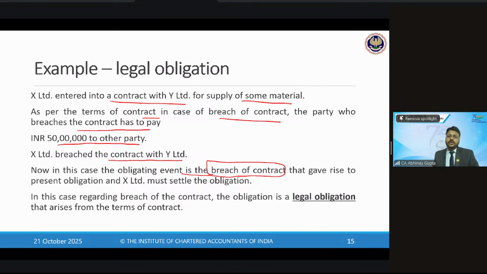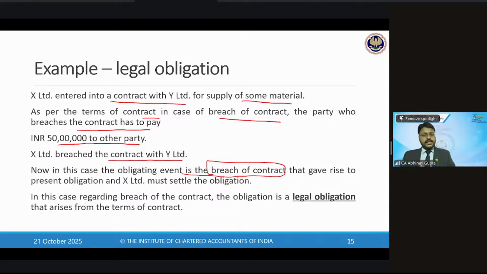So the breach of the contract is a past event, yes or no? Yes. By virtue of the past event that has already occurred, the breach of the contract, an obligation clause gets triggered to pay 50 lakh as damages to the other party.